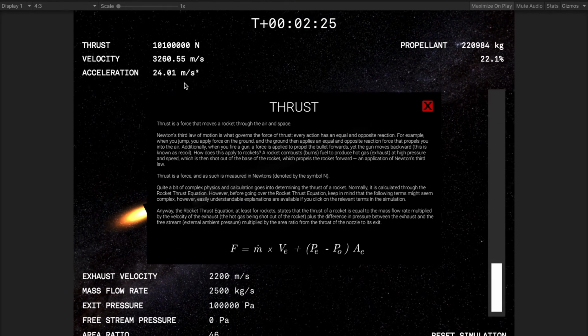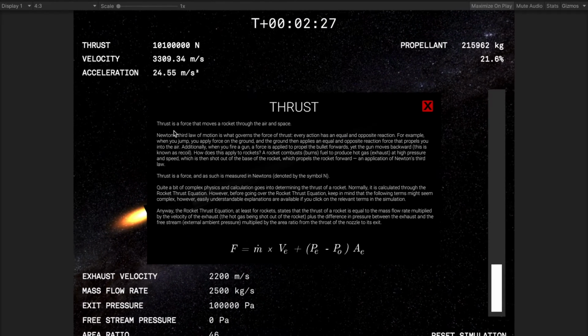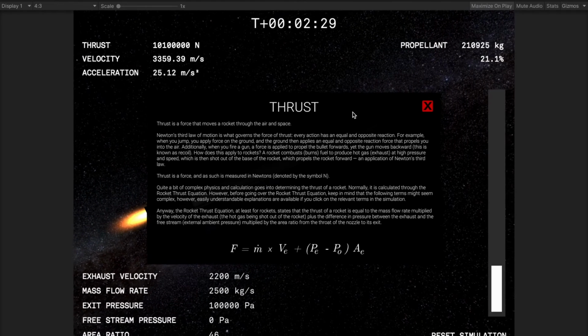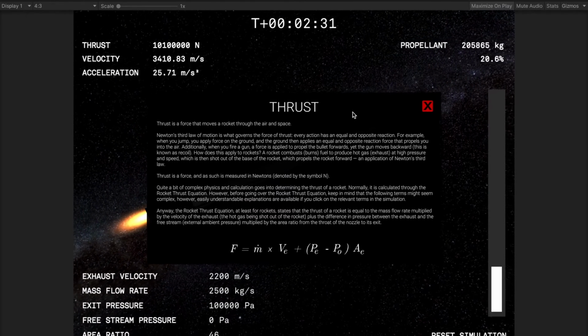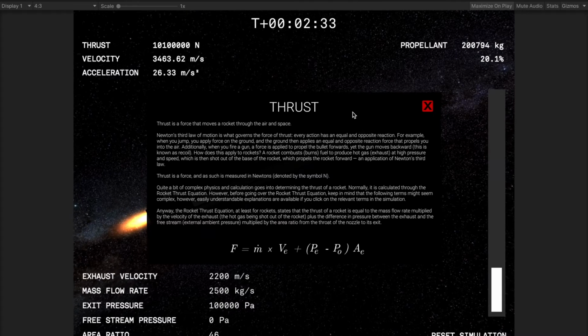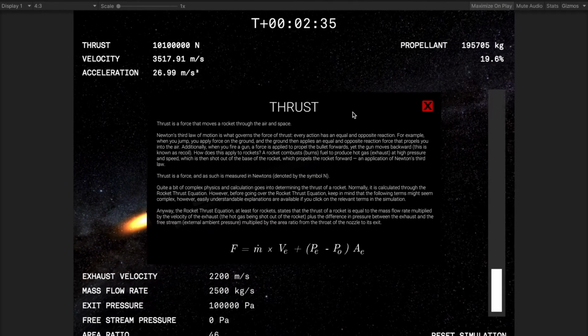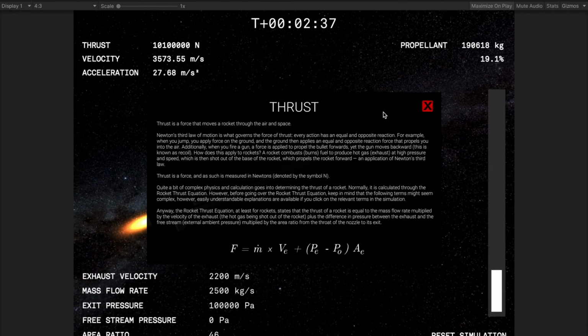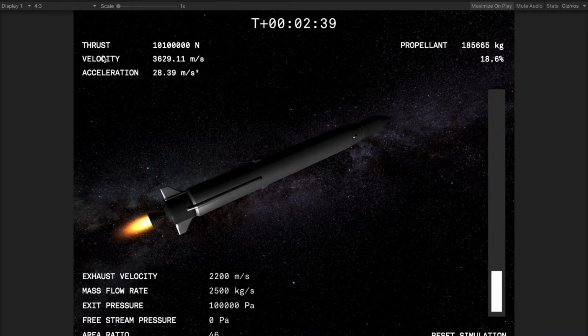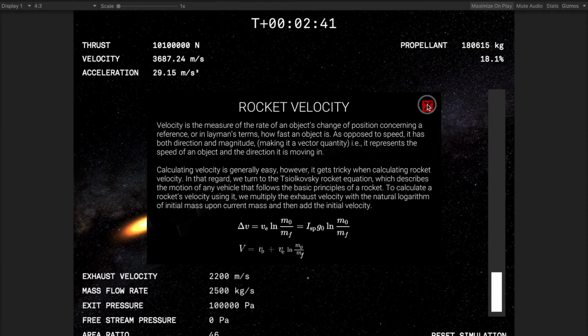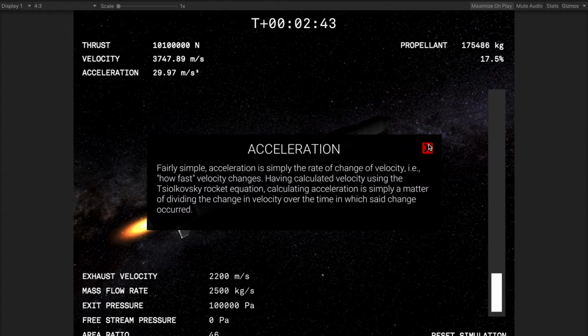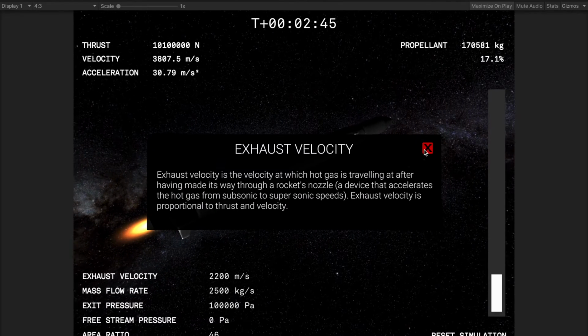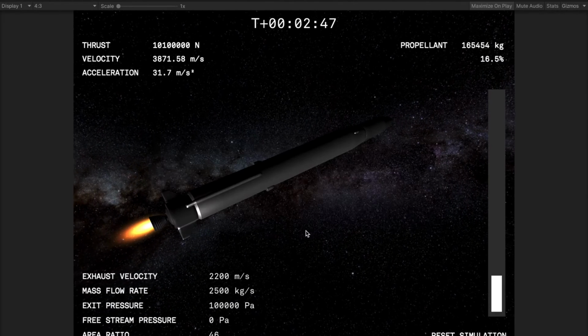If I click thrust, you will see an explanation of thrust. Simple understandings have been included along with formulas, a detailed explanation which is concise. The same has been done for velocity. Acceleration, exhaust velocity, mass flow rate, and so on.